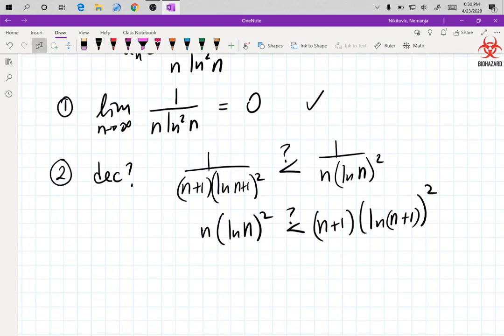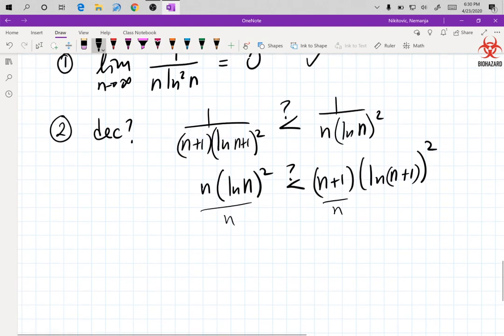And at this point, we can compare them. We can divide both sides. Remember, n cannot be 0, right? So now I can divide both sides by n, and I'll have ln n squared.